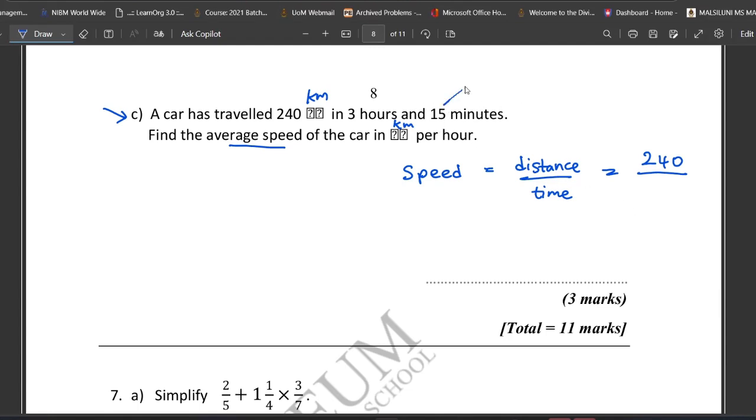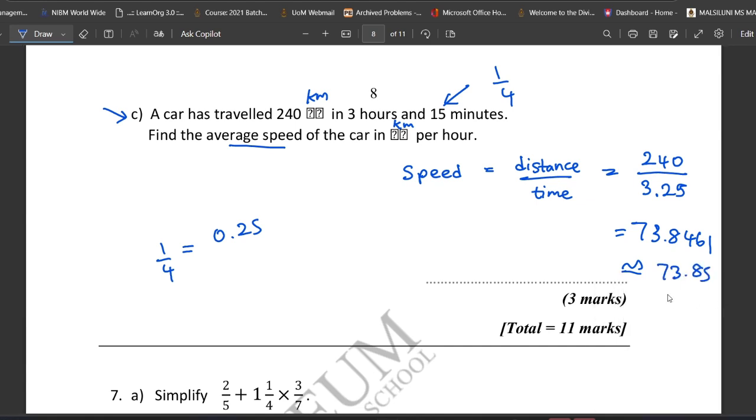Okay. So 15 minutes is 1/4 of an hour. So 3.25. 0.25 means 1/4. So this should be the answer. 240 divided by 3.25. That's 73.8 or 6.1. We can take this as 73.85 kmph.